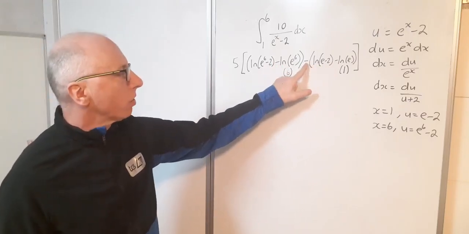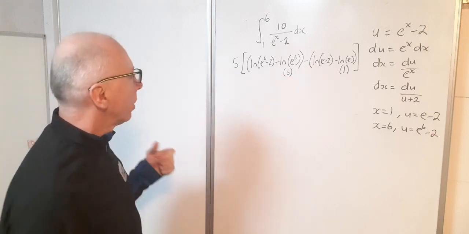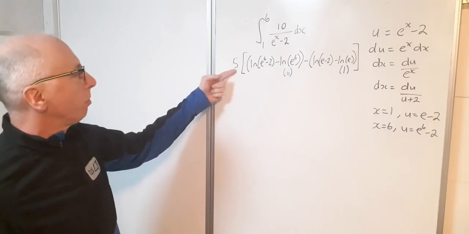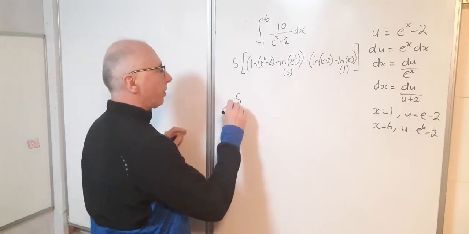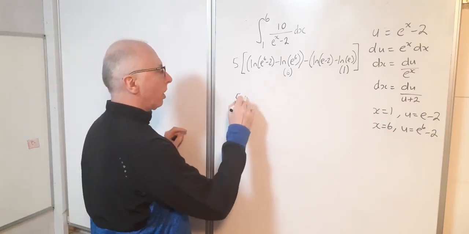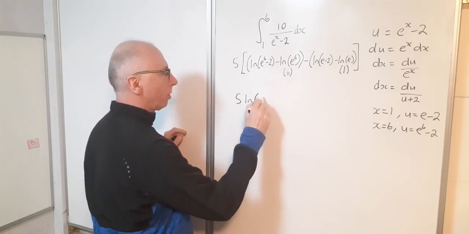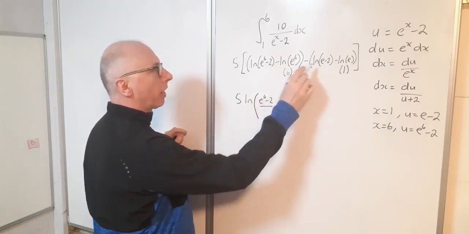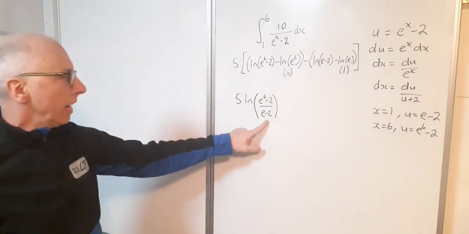So when I've got two logs which are subtracted, I can then combine them into a fraction. So let's do that, and let's distribute this 5 with it as well. So now I've got 5 times natural log, let's open up a bracket, e to the 6 minus 2 over e minus 2. So that would take care of that.